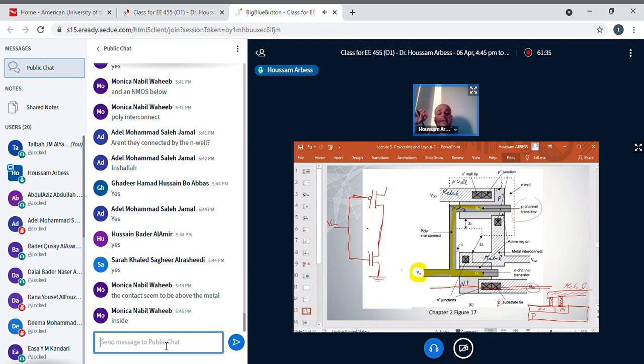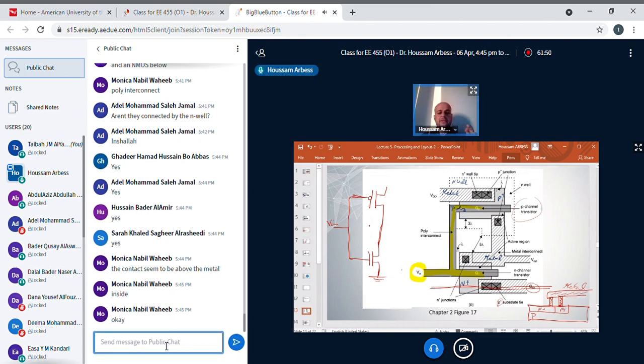Always. Even if it looks like in this layout that the contact is above the metal, no, forget it. It depends on the method of sketching. Okay? Always the contact is between the semiconductor and the metal layer.